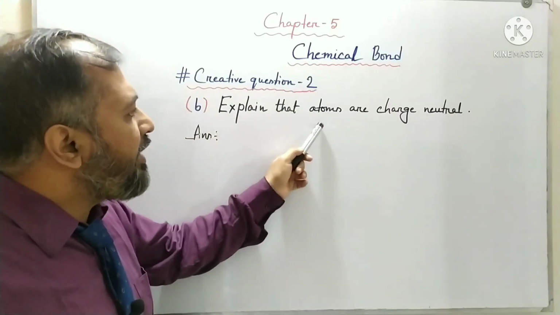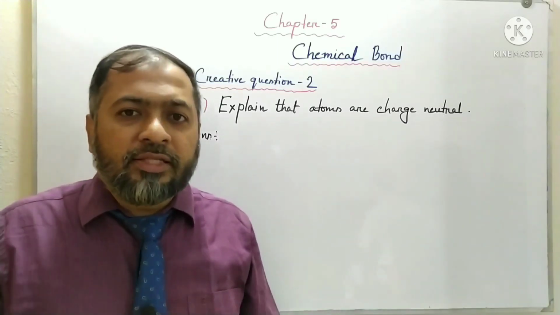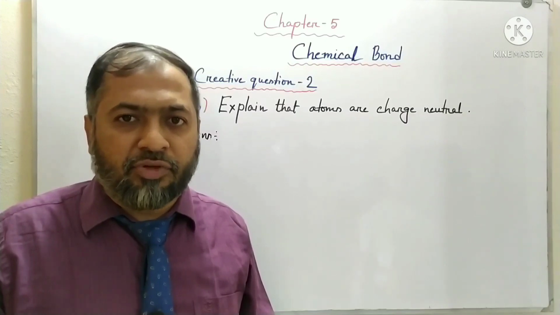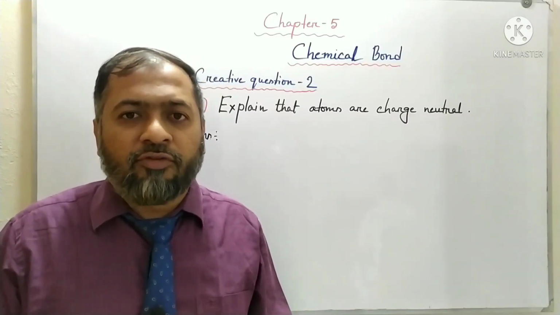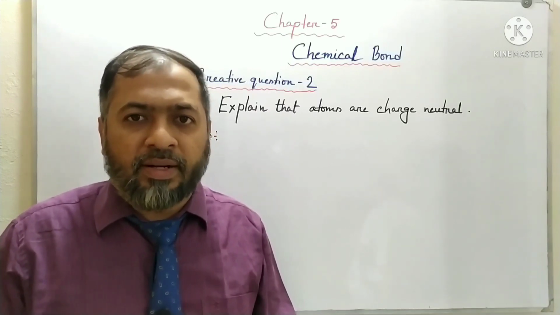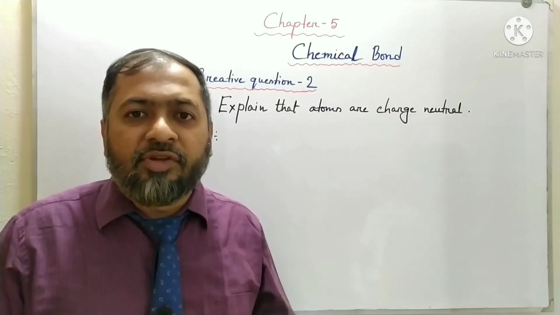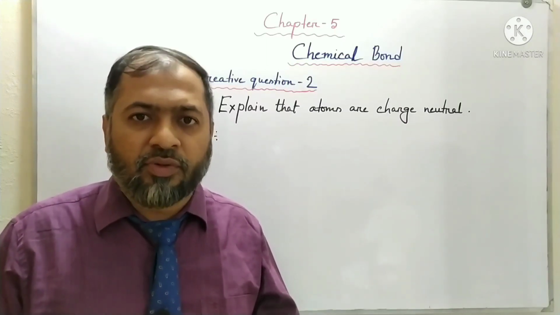Explain that atoms are charge neutral. So in this place we need to explain that atoms are charge neutral. We know that every atom consists of 3 different particles. Hydrogen is exceptional in this case. These 3 particles are electron, proton and neutron.